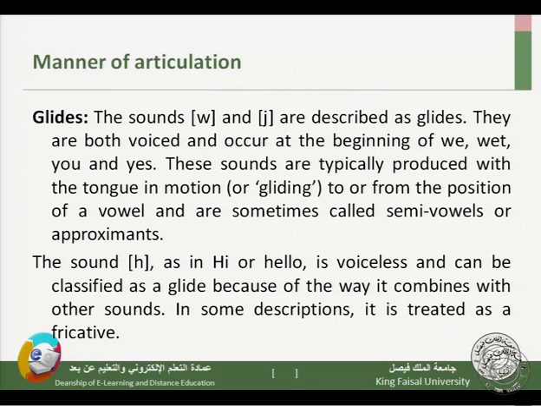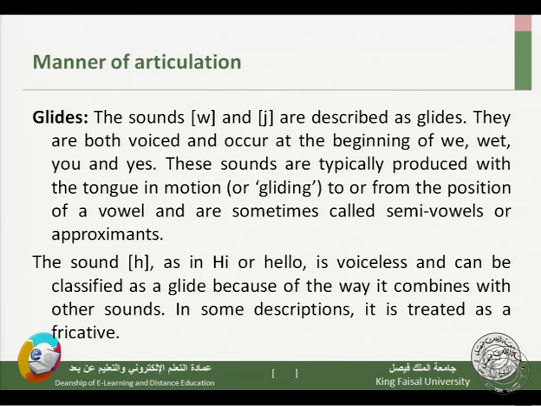These words start with glides, w and y. These sounds are typically produced with the tongue in motion, gliding, moving. It's not just in one position, but it's moving to or from the position of a vowel, and they are sometimes called semi-vowels or approximants.